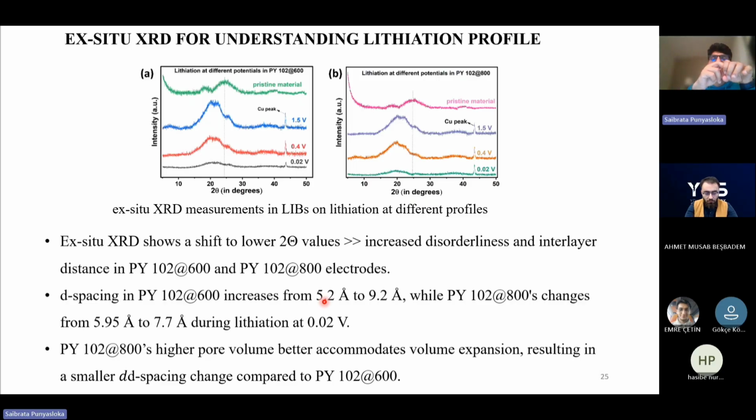So when more and more lithium is coming in at 0.02, the pore expands very highly. But in case of 800, because the pore structure is already very high, the expansion of the pore is pretty low. So that is what I mentioned in the last point, that higher pore volume better accommodates the volume expansion. And that is why we also see a better performance in the battery.